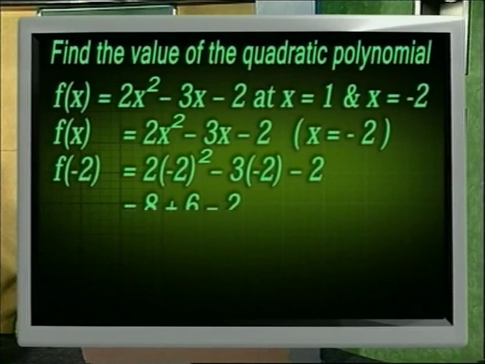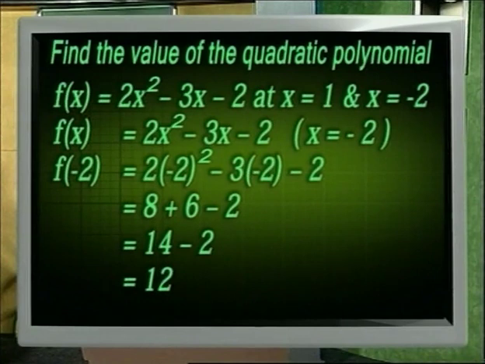So f(minus 2) equals 2 in the brackets (minus 2) whole square minus 3 in the bracket (minus 2) minus 2 equals 2 multiplied by square of minus 2, which is 4, minus 3 into minus 2 gives you plus 6 minus 2, which gives you 8 plus 6 minus 2. 8 plus 6 is 14, minus 2 gives you 12.